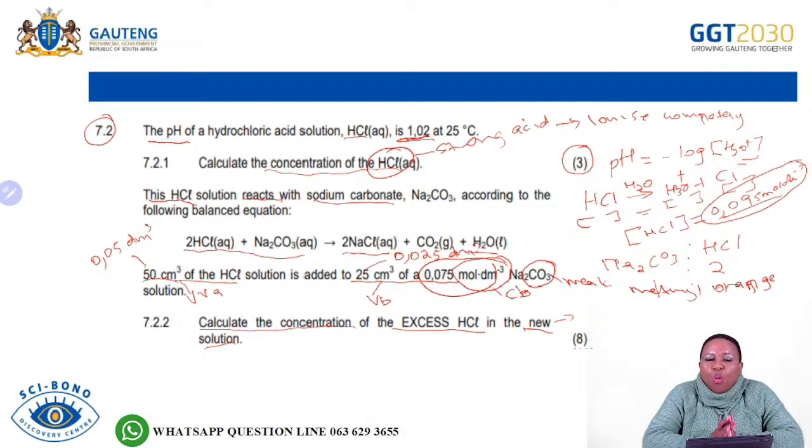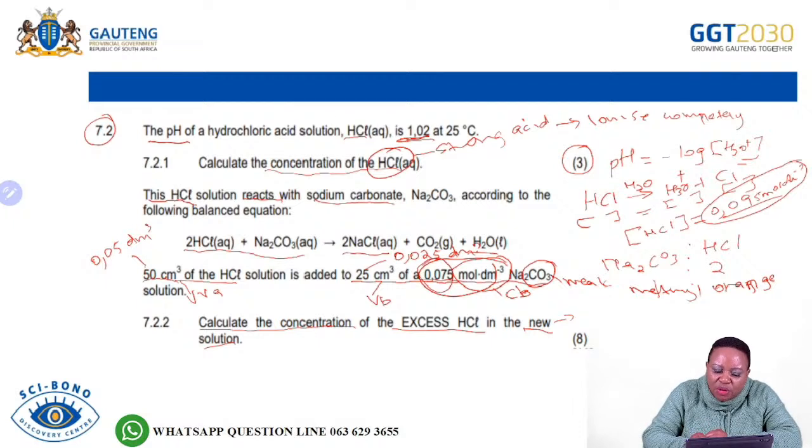You need to know what you had initially. You had that 0.095 mole per decimeter cube acid of 0.05 cubic decimeter as the volume. And you made it react with 0.025 cubic decimeter of the, now we are having the concentration.